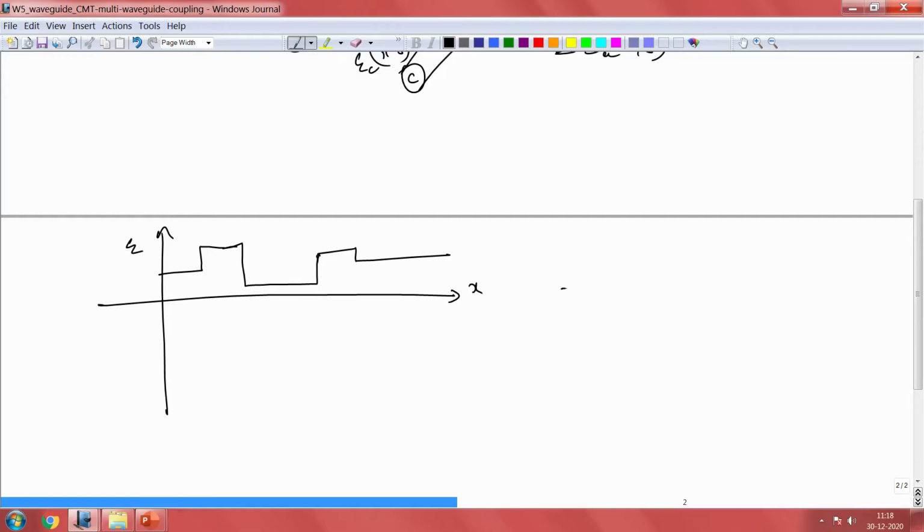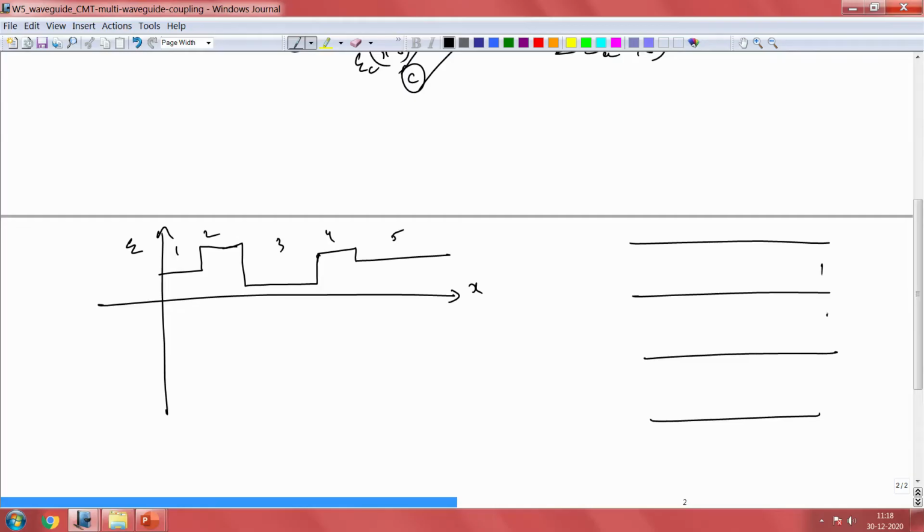Another way to look at this is that I have waveguide 1 here, let us say a slab section. So, I have regions 1, 2, 3, 4 and 5.